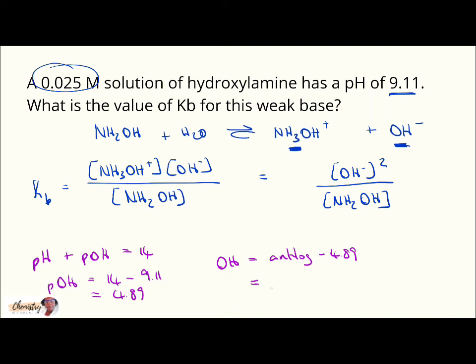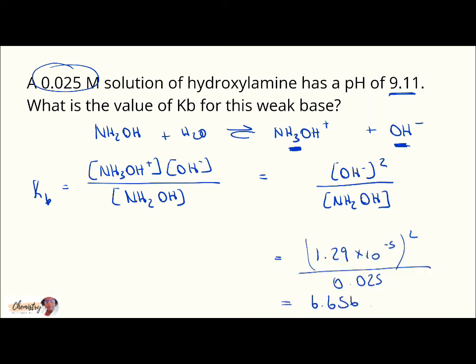That would be 1.29 times 10 to the negative 5. That would be equal to 6.656 times 10 to the negative 9. The units for this equilibrium constant would be mole per dm cubed.